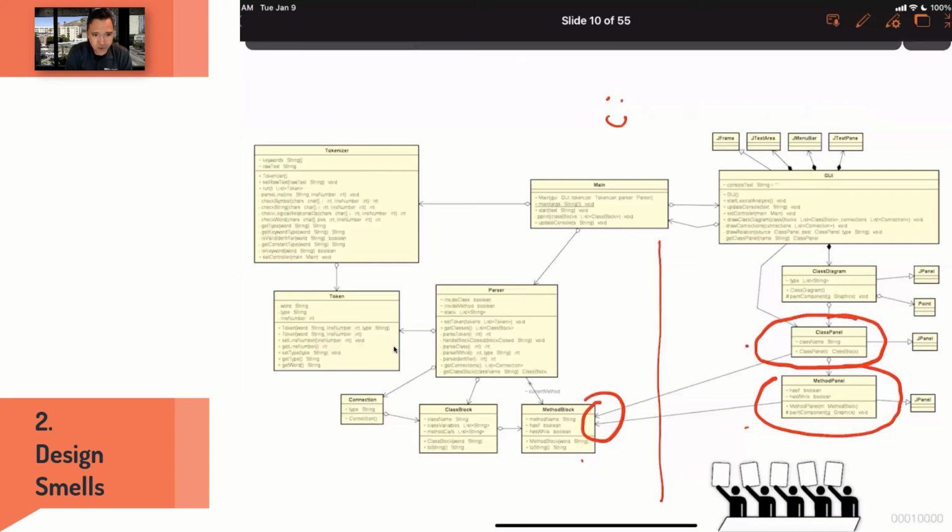Again, you need to review the source code. Maybe this is working, but semantically speaking, why is this one connected between class panel and method block? Why is it not connected with class block?